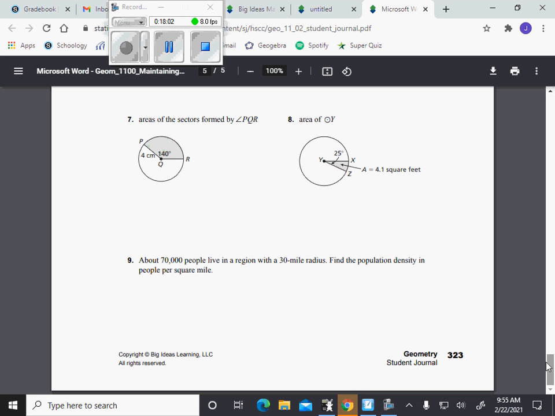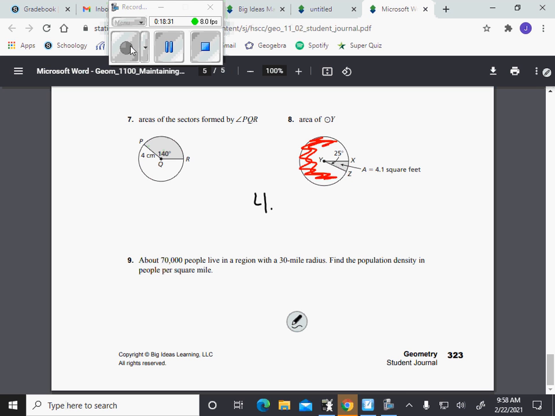Okay. We want to find the area of Y. Ooh. Okay, so we want to find the area of this region here. And how do we do that? Well, to solve for the entire circle of Y, we have to find the radius. We know the area of this shaded region is 4.1.